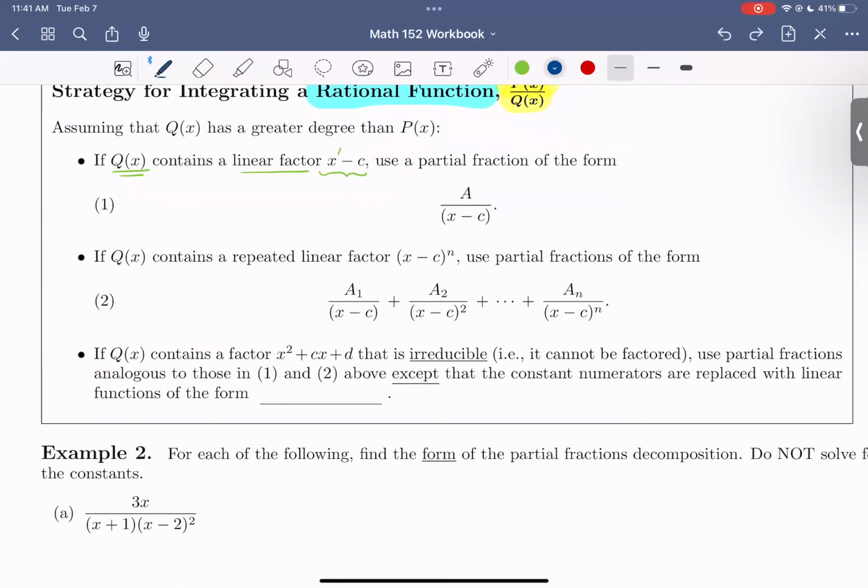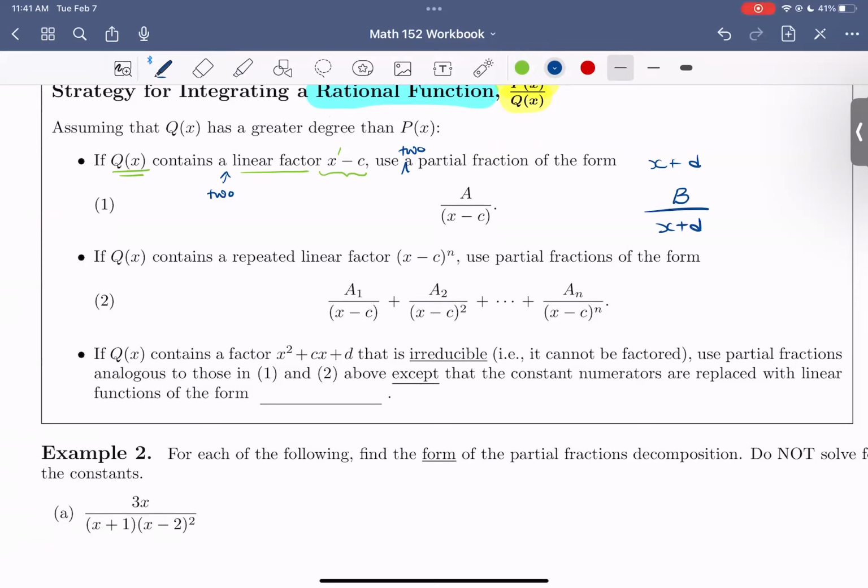Recall in example 1 in the previous video, q of x contained 2 of these linear factors. That means we used 2 partial fractions of this form because we had a linear factor x minus c. We also had one that was x plus d, which is why we had to use another fraction of the form b over x plus d.